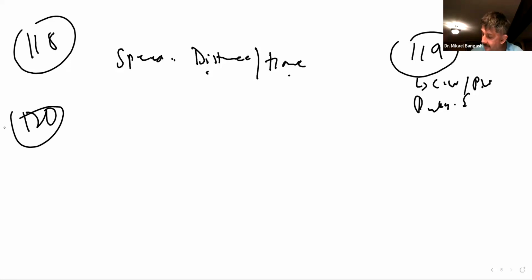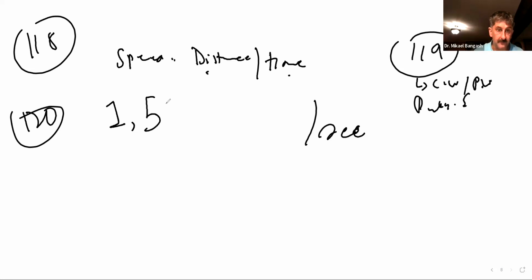Question 120: what is the best estimate for the distance sound can travel in soft tissue in 1 second? Now, we mainly said it already, it means per second, and that was going to be 1,540 meters per second.